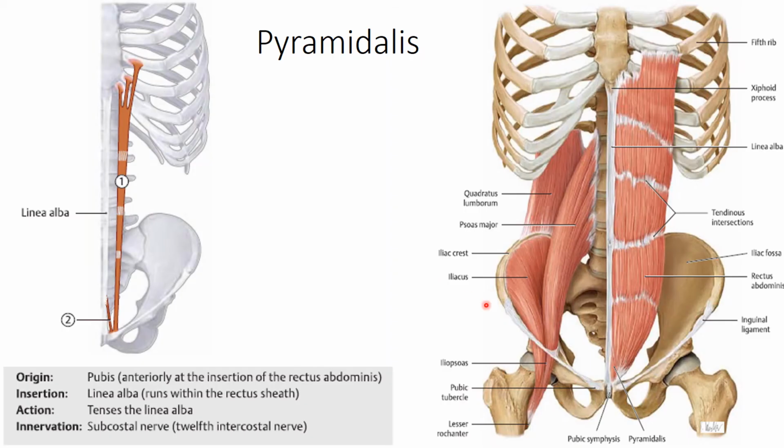Now the pyramidalis is a small triangular muscle lying within the rectus sheath, and it originates from the upper border of the pubis between the pubic symphysis and pubic tubercle. From this inferior origin, it moves medially, and the fibers taper to be attached to the linea alba.